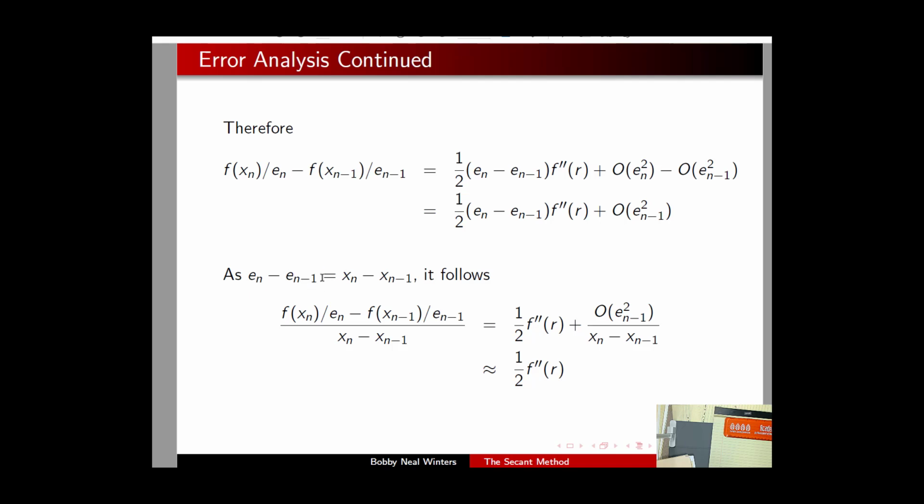Since e sub n minus 1 is the same as x sub n minus 1 minus r, we will be able to say that this ratio right here is approximately equal to this.